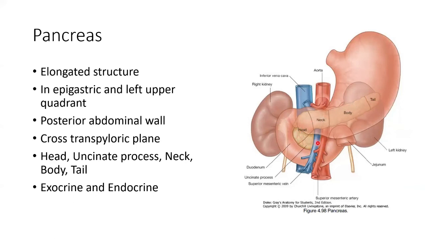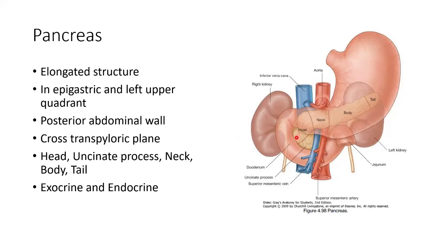It is found in the posterior abdominal wall and it's a retroperitoneal structure. So the lesser sac and the stomach, all these structures are anterior to the pancreas. The pancreas crosses the transpyloric plane at L1 level, right?